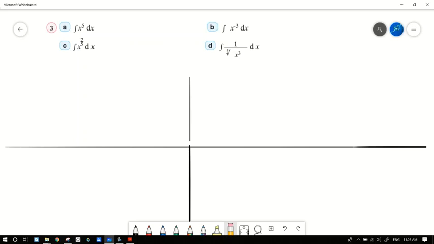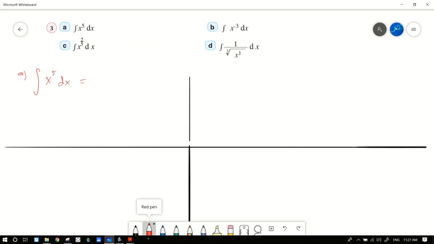So let's start. For example 3a. I want to integrate x power 5 with respect to dx, which is equal to, here I have to ask myself an important question.